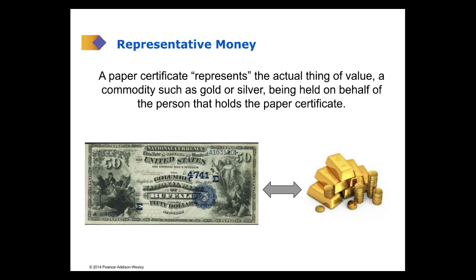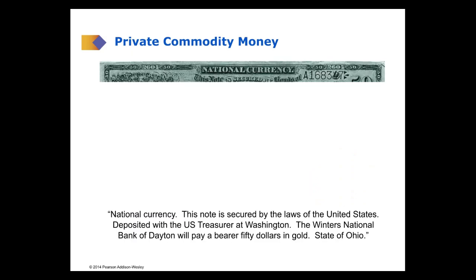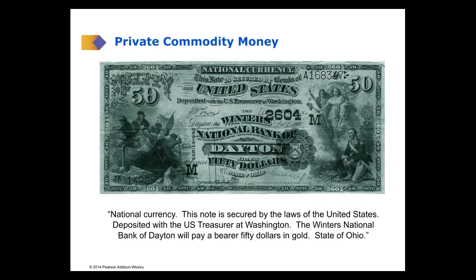So if I bought something for $50, I wouldn't have to go to the bank, get my gold, and give it to someone else. I could just give them this piece of representative money, this piece of paper, which in effect did the same thing. And so representative money started out as private commodity money.